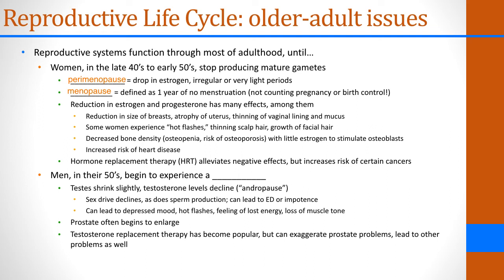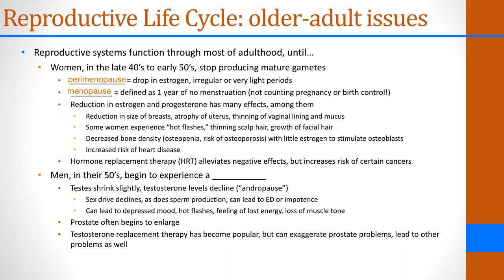A reduction in estrogen and progesterone has many effects, among them reduction in size of breast, atrophy of the uterus, thinning of the vaginal lining and mucus. Some women experience hot flashes, thinning of scalp hair, and growth of facial hair. There's also a decrease in bone density called osteopenia, and you have a risk of osteoporosis due to that.